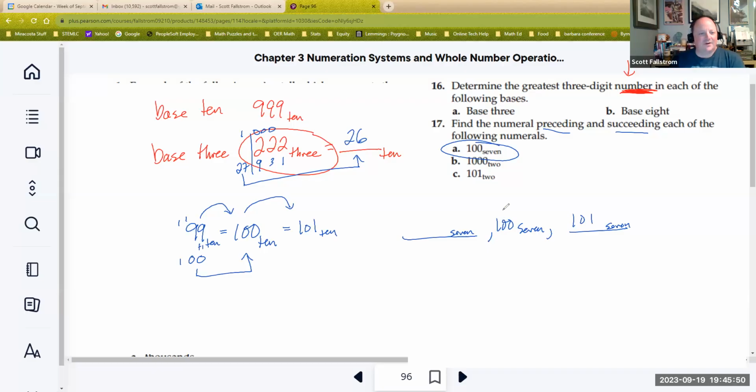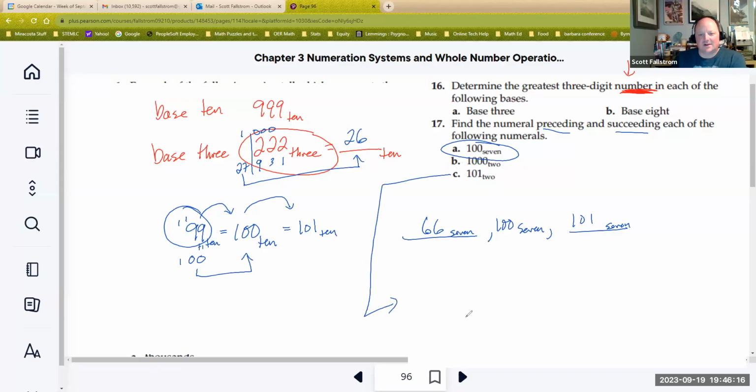So very similar to what we did over here. We got 99, which is the biggest digit in our base. So if you have 100 base 7, you would end up with 66 base 7. That would be the number right before this. If you added 1 to it, you'd get a 7. Can't write it. Regroup, get another 7, rewrite it, and you'd get 100.